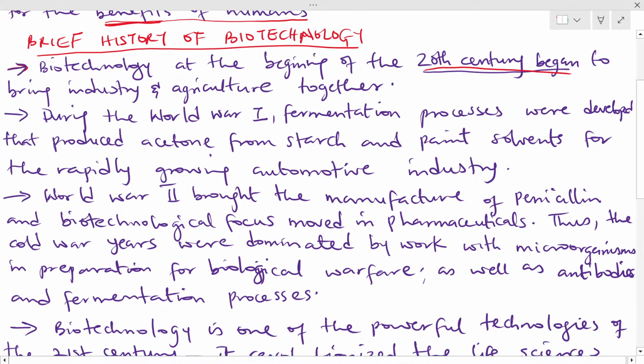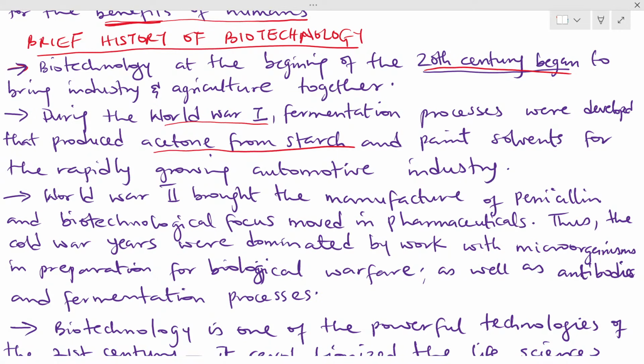Then during World War One, fermentation processes were developed, which produced acetone from starch. So the first fermentation process occurred during World War One, and it produced acetone from starch and paint solvents, which were solvents for the rapidly growing automotive industry.